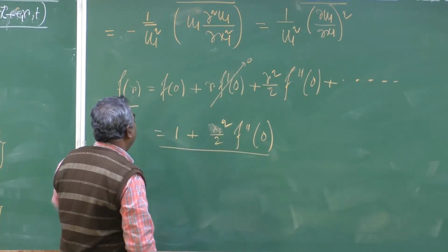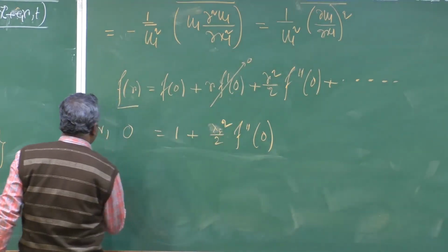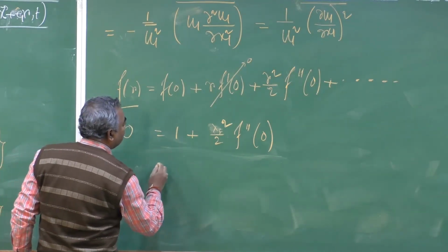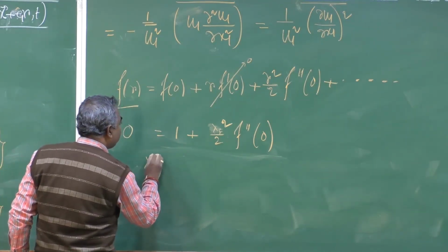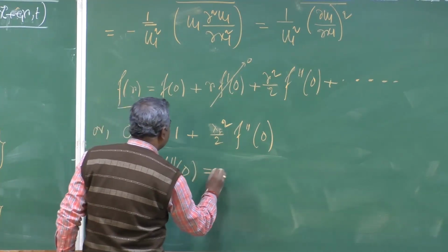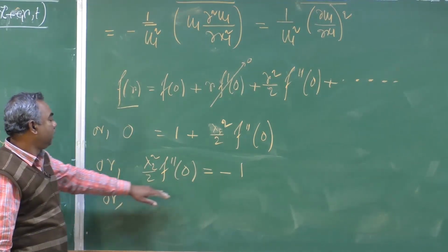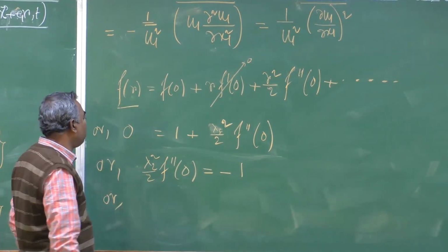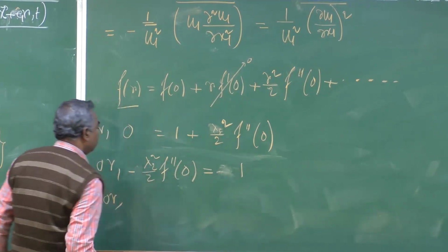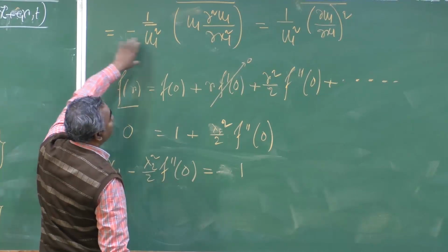At 0, that means lambda f square by 2 f double prime 0 equals minus 1, or f double prime of 0, you take the minus here, positive put it here. So, that means minus f double prime of 0 is equal to, we have got this, right.